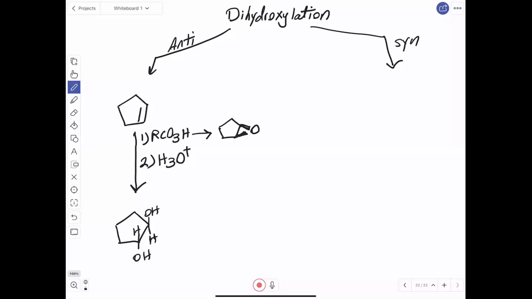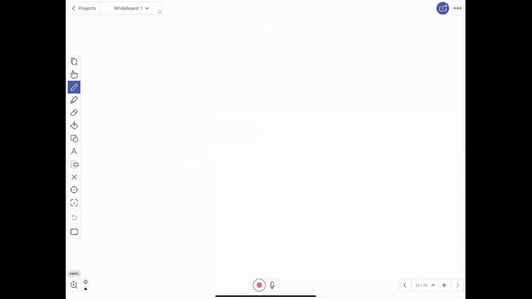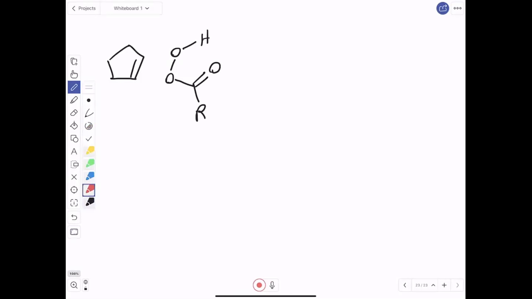And let me show you the mechanism of the reaction. So first, the alkene becomes an epoxide. This is the peroxy acid. The pi bond will start to form a new bond with this oxygen.